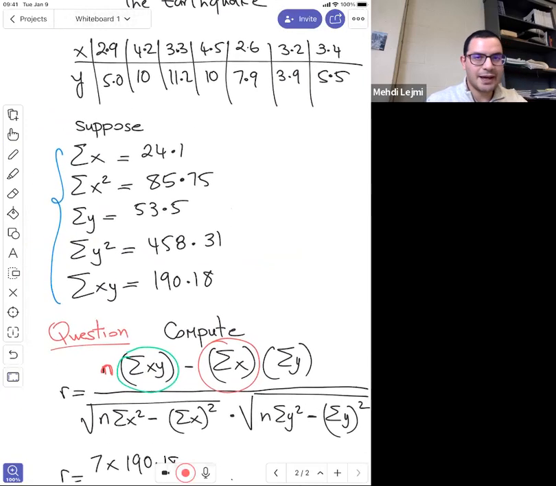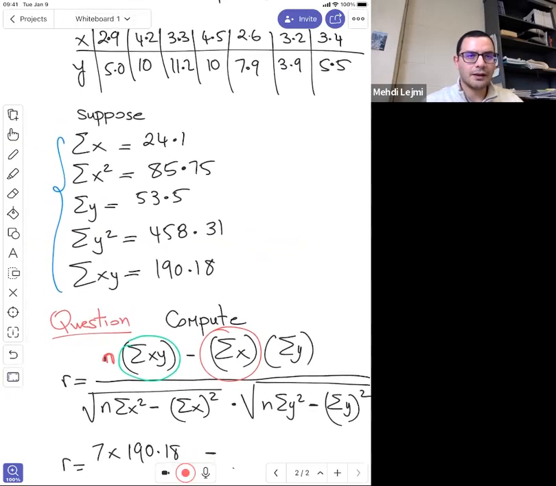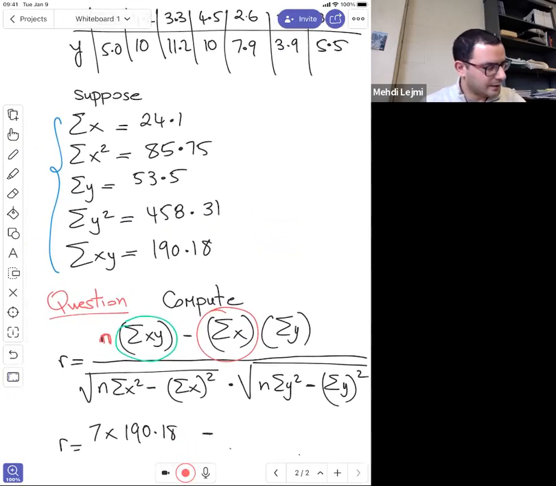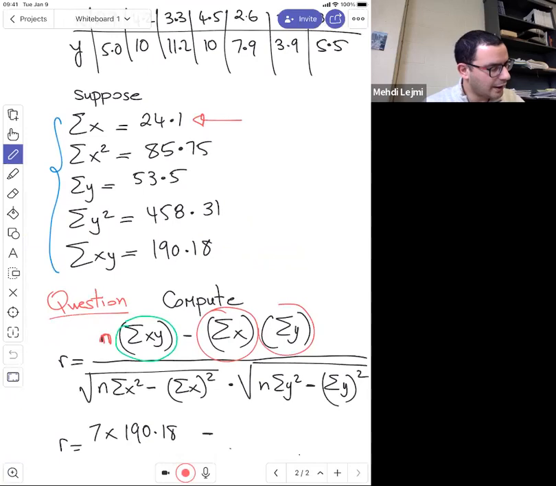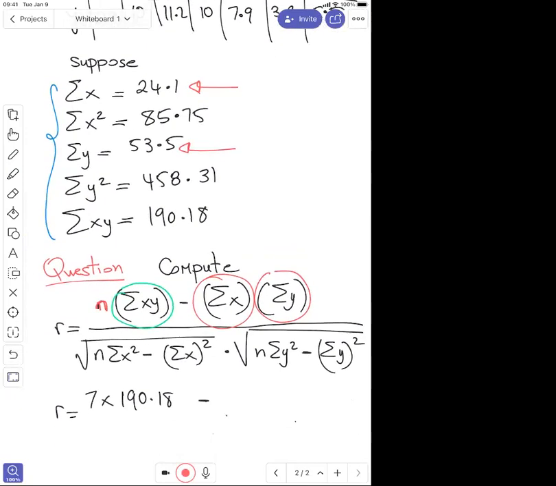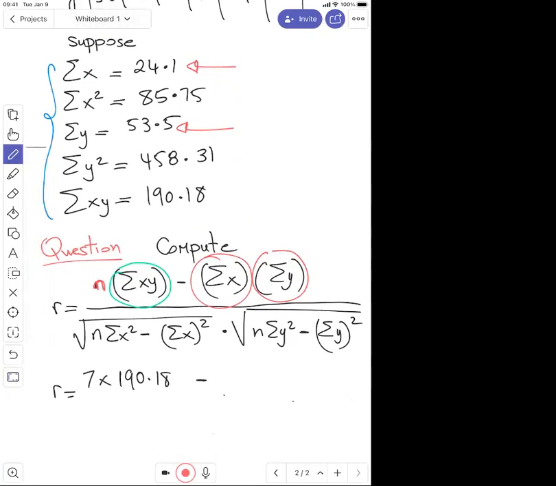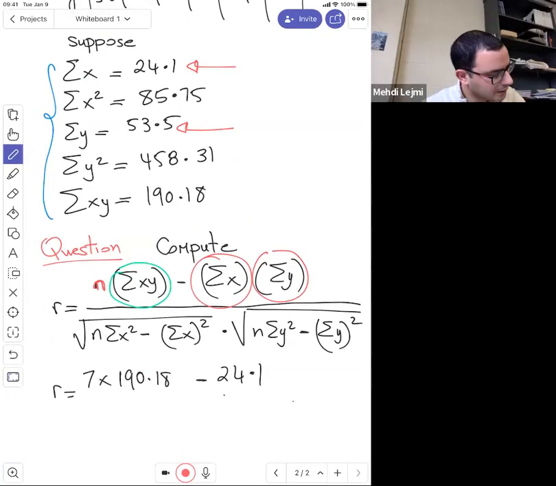The sum of the x's will be 24.1, times the sum of the y's, 53.5. Very good. So that's 24.1 times 53.5. All right, that's the top.